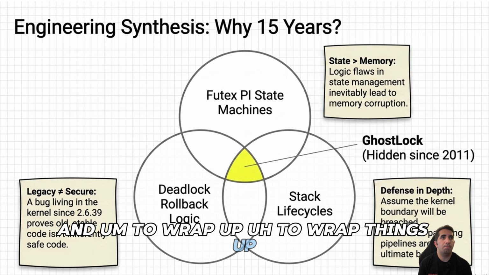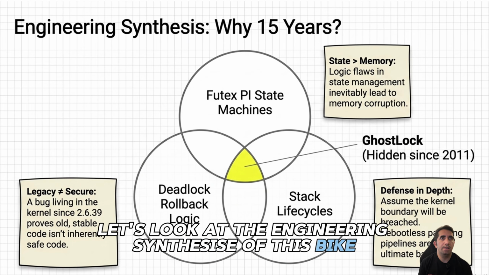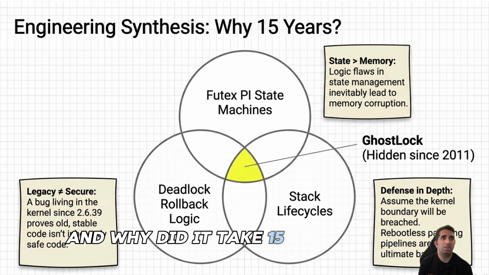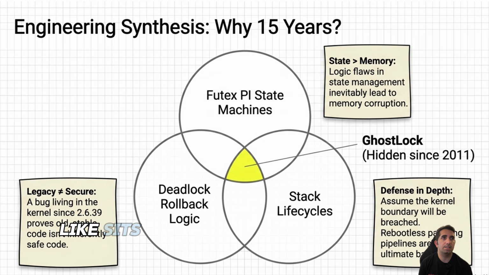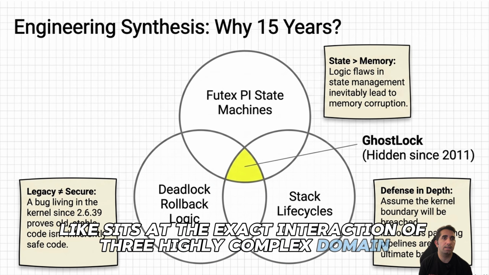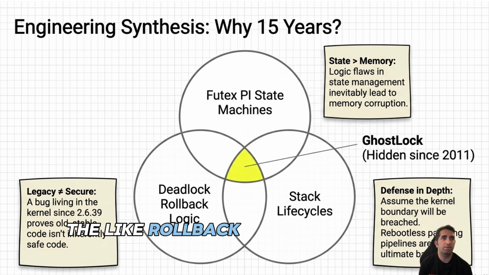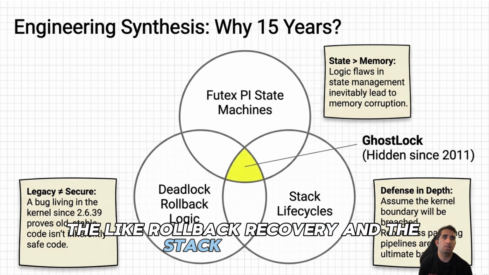And to wrap things up, let's look at the engineering synthesis of this bug. Why did it take 15 years to find? Because the GhostLock sits at the exact intersection of three highly complex domains: the Futex PI state machine, the rollback recovery, and the stack lifecycle.